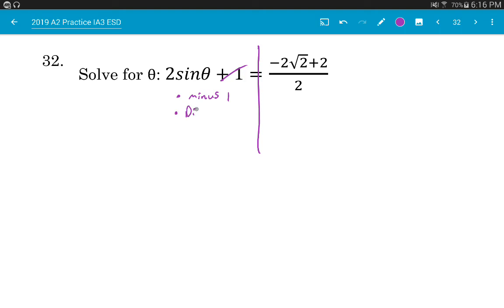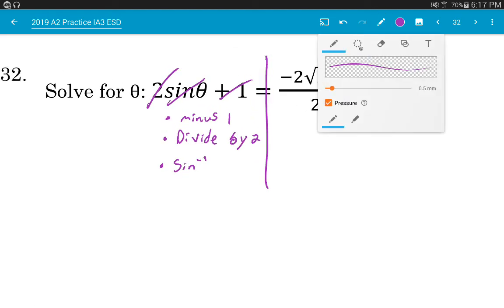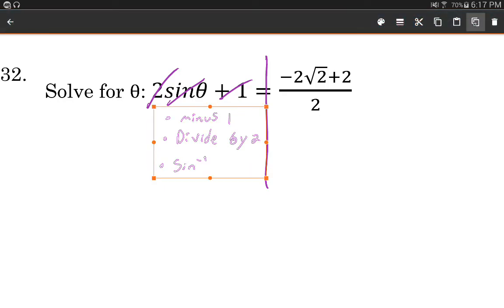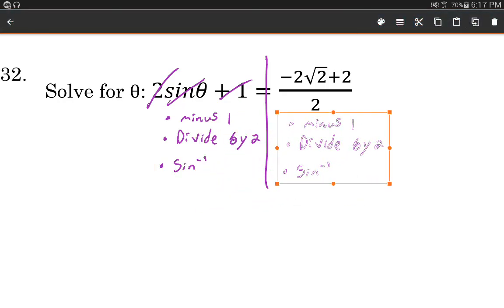I'm going to want to divide by 2 to get rid of that. And then I'm going to want to arc sine to get rid of that. In that order. So that's exactly what I'm going to do on the right-hand side as well, because that's how equations stay balanced. Whatever you do on the right, you do on the left.